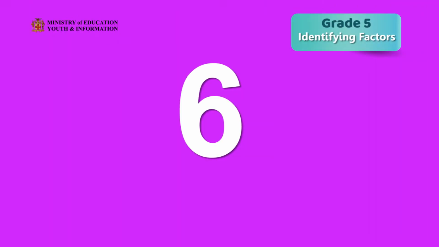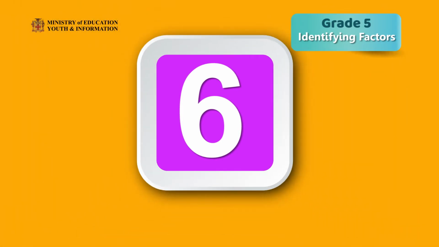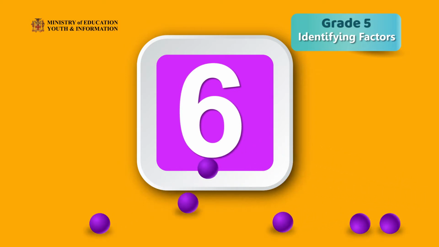Let us go back to the number 6. In this case, we will use counters to represent the number. In trying to determine the factors of 6, we place the counters into as many even groups as can be made.